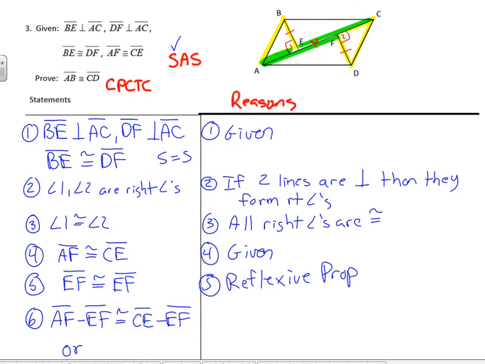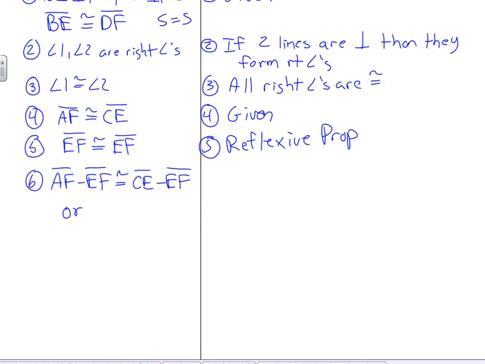Well, when we take EF off of AF, we're left with AE congruent to FC. And that is the subtraction property.